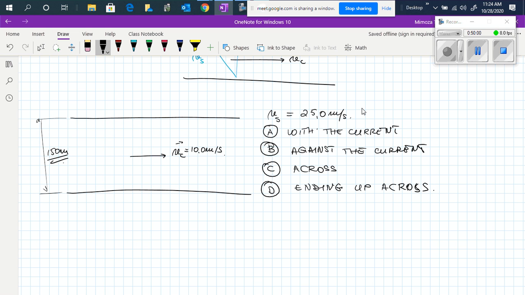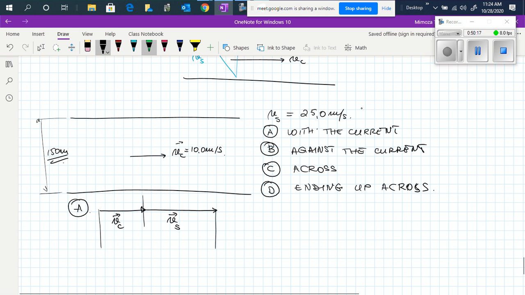So in the first case, when they are moving with the current, the vector diagram will look something like this. This is the velocity of the current. This is the velocity of the swimmer. So the resultant velocity will be this vector here.